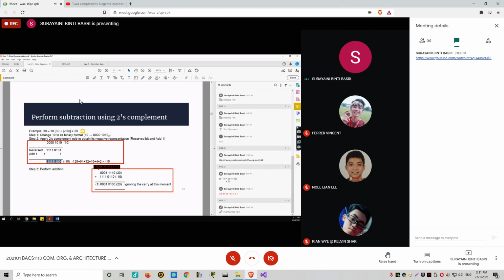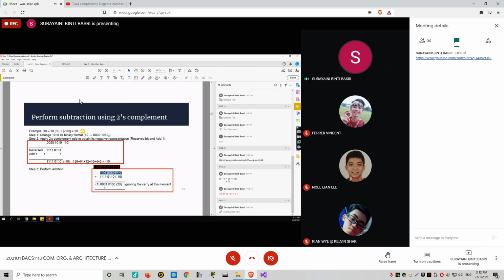After that, we will add. It is actually minus, but the way we do it is we add the inverse number of 10 to the 30. After that we will get the value.